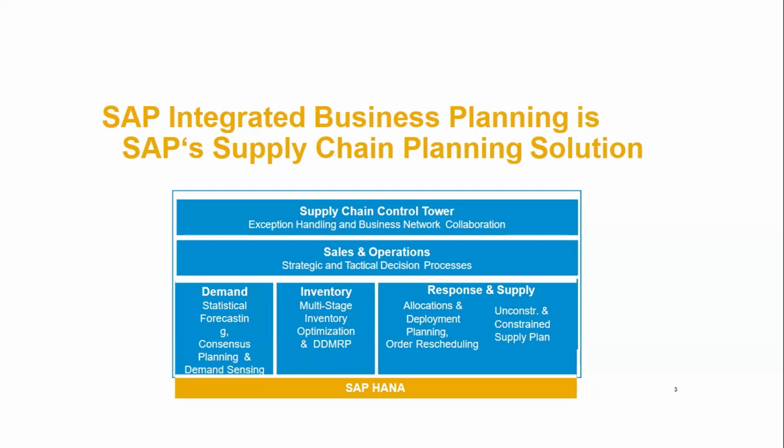I'll start with the common module used within IBP by most organizations, which is sales and operations planning, which supports a strategic or tactical planning process in the mid-term to long-term horizon. Any organization that wants to carry out sales and operations planning in the mid-term to long-term horizon, the preferred choice will be IBP. And I will come back to why it's a preferred choice. That's the reason it touches base horizontally across different areas.